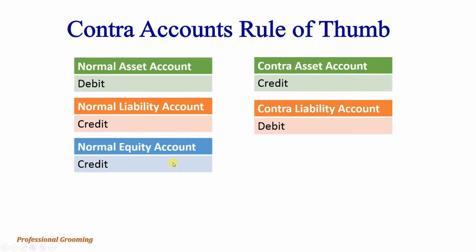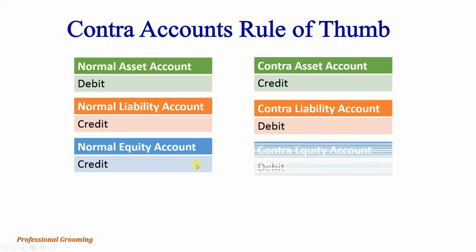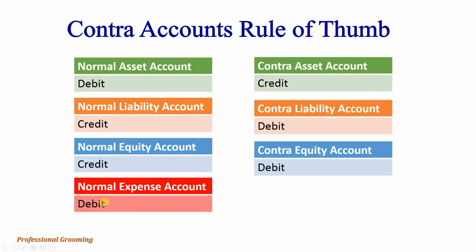Normally an equity account is credit, and when we create a contra equity account, that will be debit. The example is the normal equity account is the investment account and the contra equity account is the drawings account. Next, normally expenses are debit.